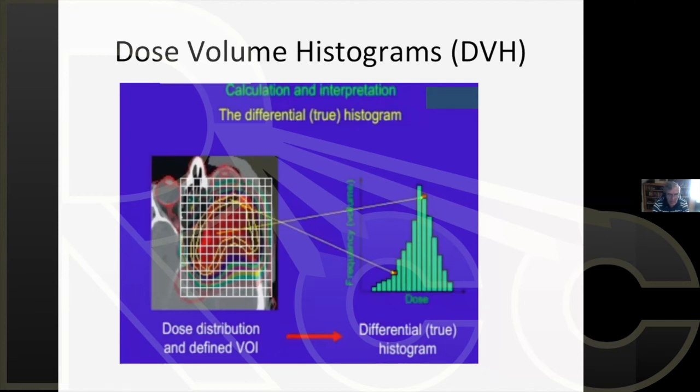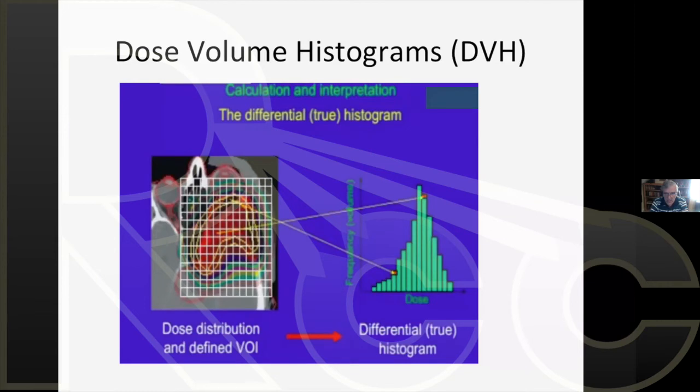So if the goal is, say, 70 gray, as you can see in the middle, where the dose is fairly uniform, there'll be a lot of those voxels that contain 70 gray. As you move over to the periphery, there'll be fewer and fewer voxels, and there'll be voxels of a lower dose. So you actually create this histogram. This is a real good mathematical histogram that shows you by its height how many voxels have how much dose. So that's the differential one.